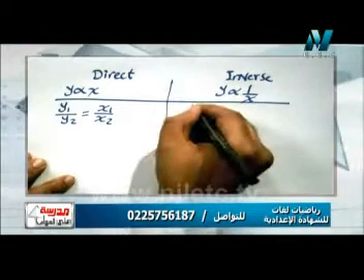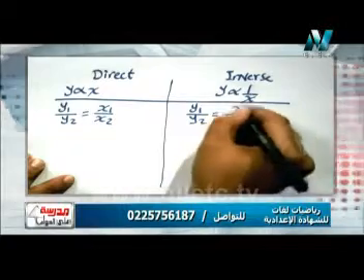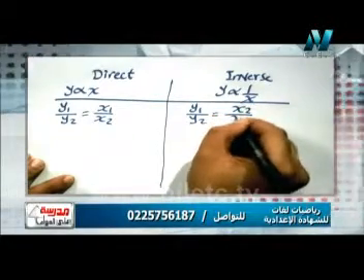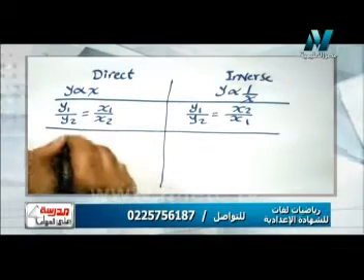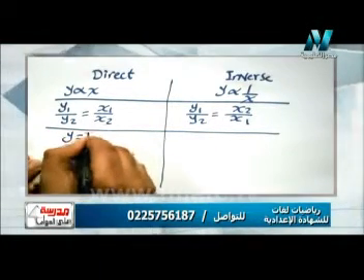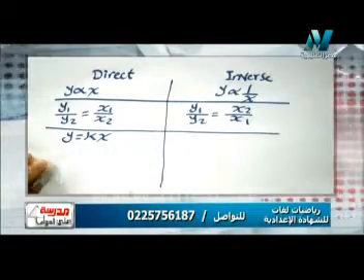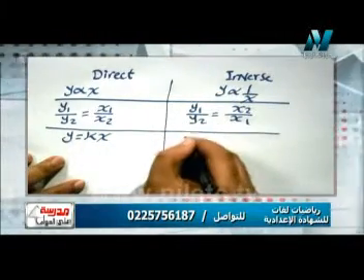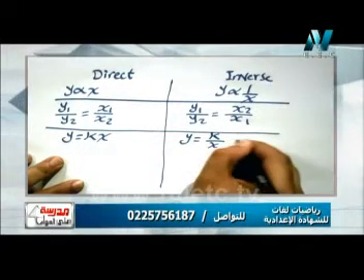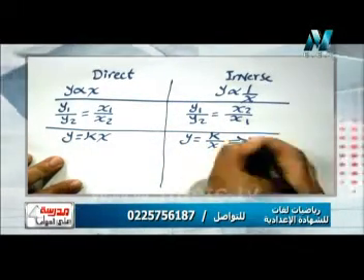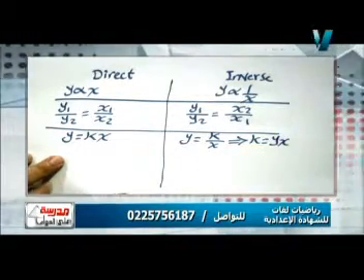Here, y1 over y2 equals x2 over x1. What else? If I have y equals kx, k is a constant. What about inverse? y equals k over x, or in other words, k equals yx or xy.